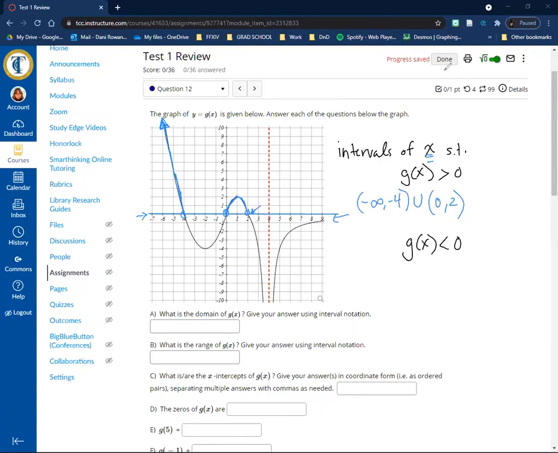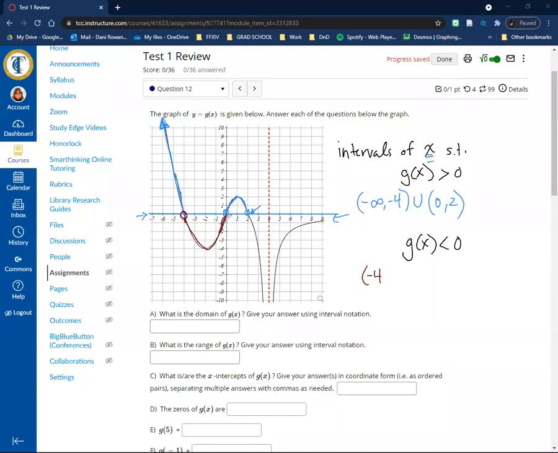Now let's take a look at intervals of x such that g of x is less than 0. Where does it start below the blue line, going from left to right? -4. Yeah, it starts at -4. This is all below 0.